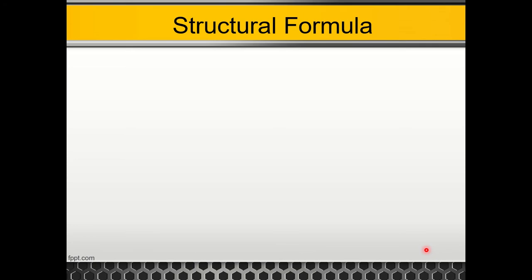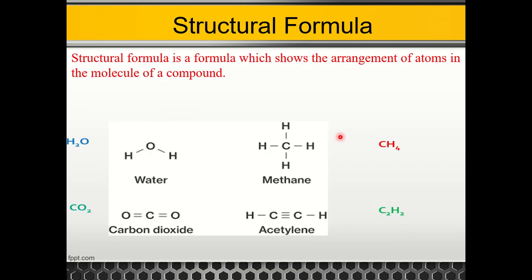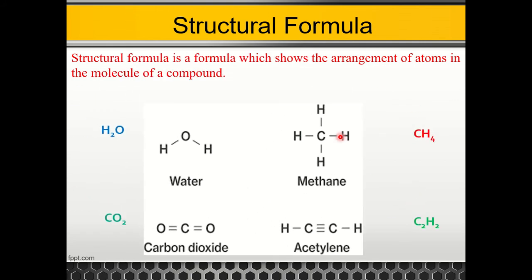Now, structural formula. What is structural formula? Structural formula is a formula which shows the arrangement of atoms in the molecule of a compound. Look here, the structural formula of water, where 3 atoms, 2 hydrogen atoms and 1 oxygen atom, are arranged in this way.